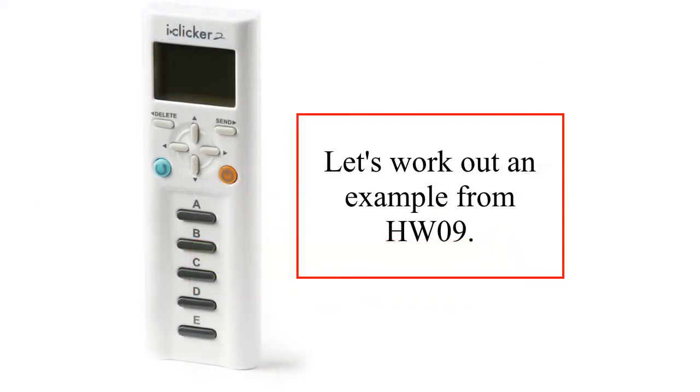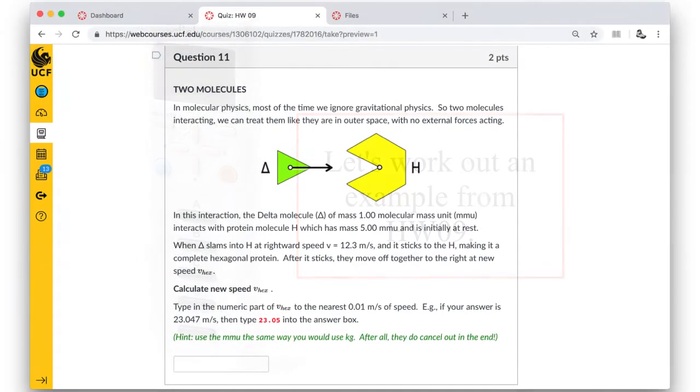Hopefully this is going to trot you through some of the basics, but in case you got tripped up on question 11, here it is. The delta molecule slams into the H molecule at a velocity of 12.3 meters per second.